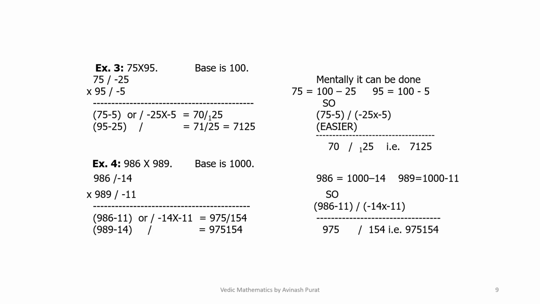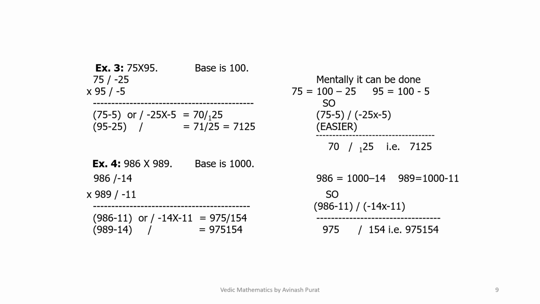Third example. 75 multiplied by 95, base is 100. 75 stroke minus 25 and 95 stroke minus 5. That gives us 75 minus 5, or 95 minus 25, stroke minus 25 multiplied by minus 5, equal to 70 stroke 125.